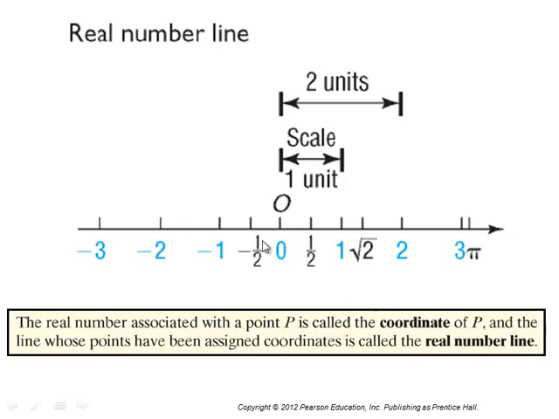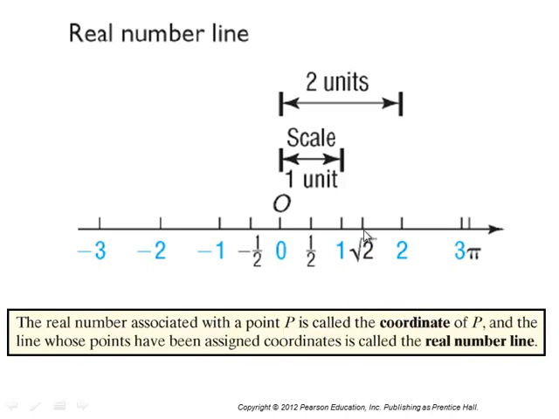Now, you could scale your number line any way that you want, but this is a pretty common depiction, just enough to where you can have tick marks for every integer, but also there's enough room for you to show you locations of some non-integer numbers like negative 1/2, positive 1/2, square root of 2, which is about 1.414, I think.